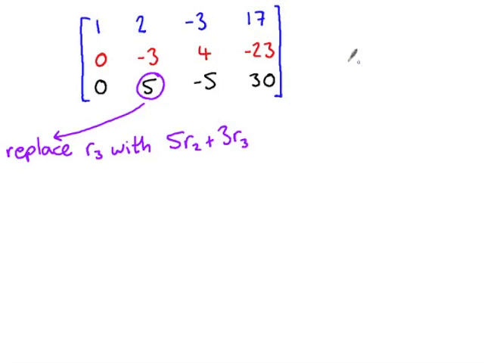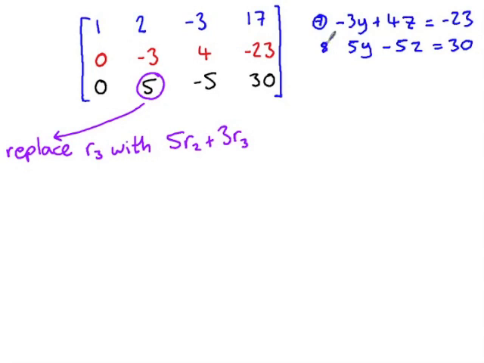So imagine if I had these two equations, this would be negative 3y plus 4z is negative 23, and 5y take 5z is 30. So I'll just call those equations 7 and 8 for argument's sake.